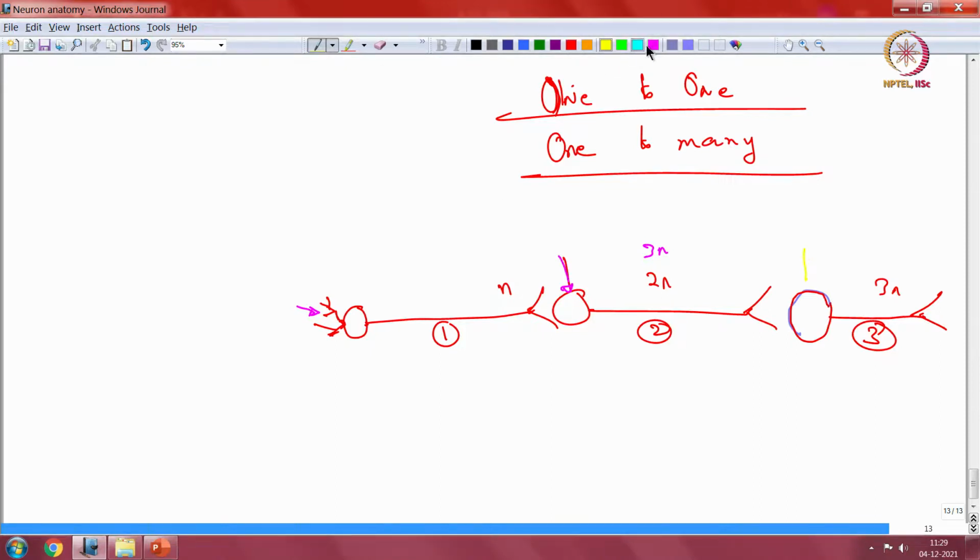So, this is a positive excitatory signal, you are looking at 3n getting converted into 1n. So, that is how changes can happen. So, this is the relevance of the synapse, the location of the synapse, and how the transmission occurs across that.